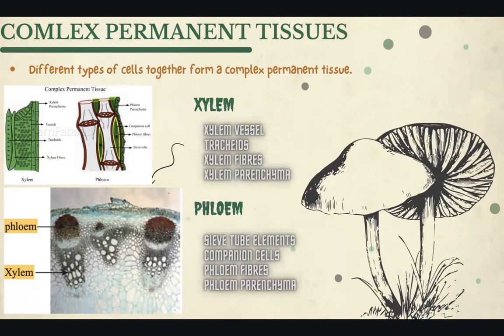As we learned in the classification of plant tissues, xylem can be further classified into 4 types of cells: xylem vessels, tracheids, xylem fibers, and xylem parenchyma. And in phloem: sieve tube elements, companion cells, phloem fibers, and phloem parenchyma.